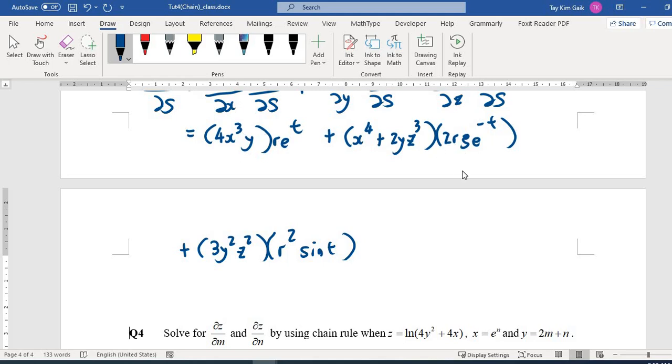Actually we may leave it like this because the question did say they want everything in terms of S. No questions, then move to question 4.